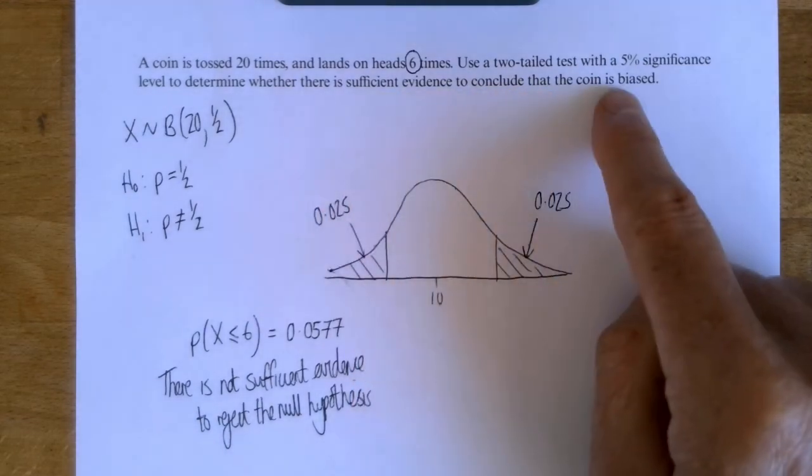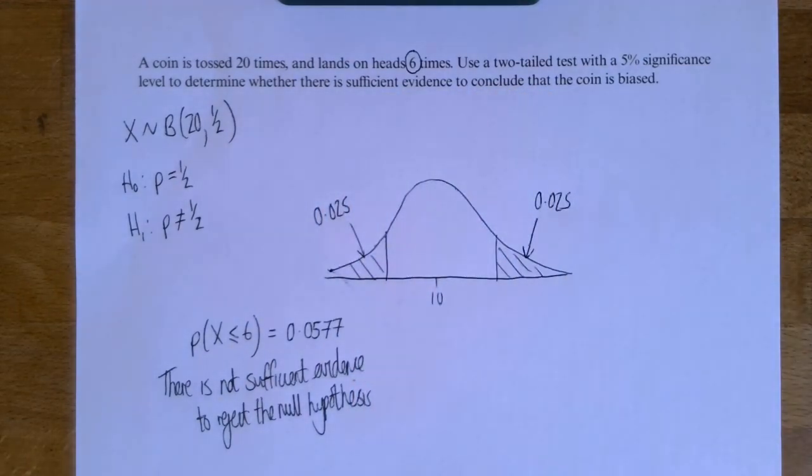And in the context of this question, that means we haven't got enough evidence to conclude that the coin is biased. We don't have enough evidence to conclude that it's biased.